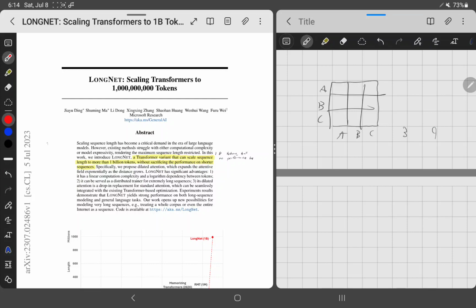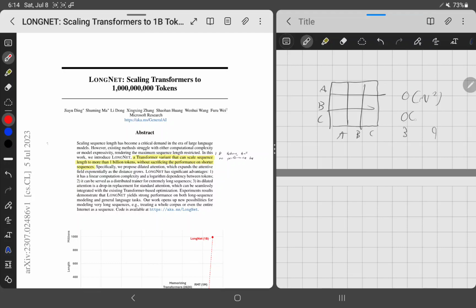If I scale this to A, B, C, D, we would have 16 values to compute, and that's the quadratic bottleneck. That makes our sequence O of n squared in time and in storage capacity, so the amount of time it takes to compute this matrix is O of n squared, and the amount of storage needed to store this matrix is also O of n squared. So you have both those problems, and both are annoying to deal with.